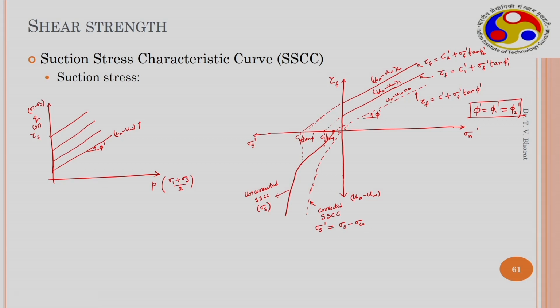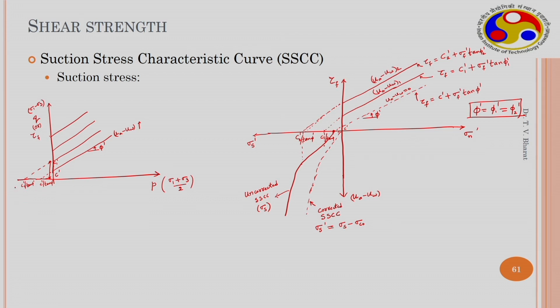So, this test data can be interpreted by obtaining the cohesion intercept, say for example C1 for this one, and C1 dash for this one. Once this is obtained, and phi dash is available, this particular point is C dash by tan phi dash, and this is C1 dash by tan phi dash. So, these values are available.